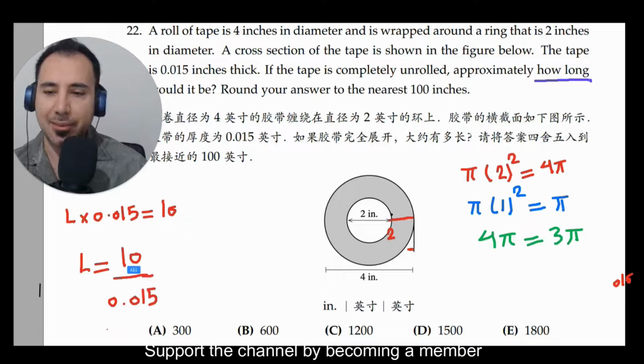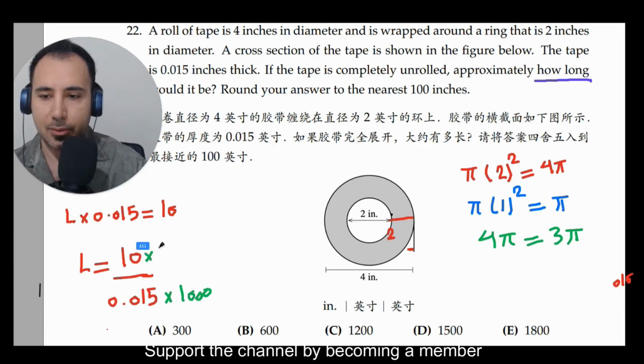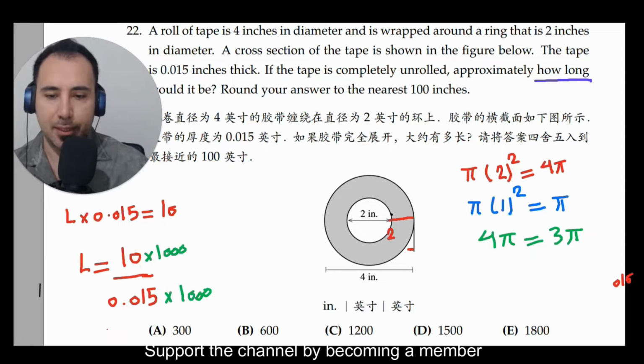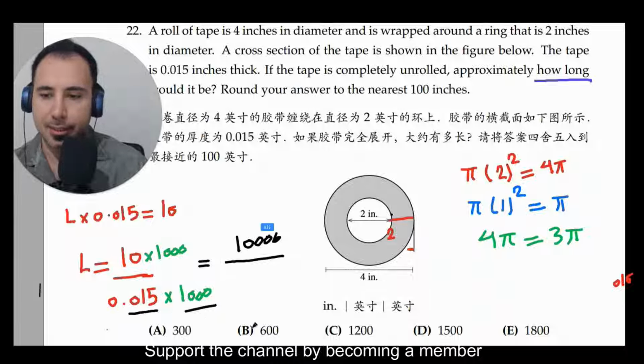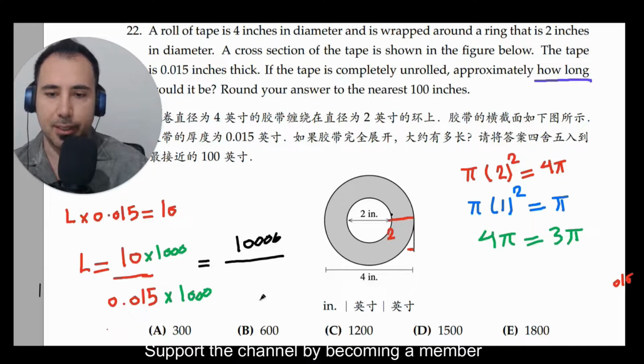Now, how do we get rid of this decimal? You have to think about it like this. If I multiply this one by 1,000 and multiply this one by 1,000, what do I get? The numerator will become 10,000. The top number will be 10,000. And look, I have 3 zeros and 3 decimal places. So this number will be 15.